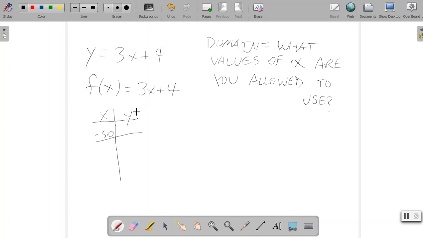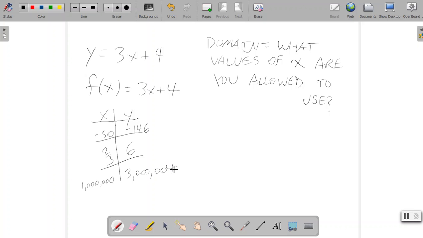Negative 150 plus 4 is negative 146. I could use 2/3. 2/3 times 3, the 3's cancel out, 2 plus 4 is 6. I could use a million. 3 times a million is 3 million, plus 4 is 3,000,004, and so on.